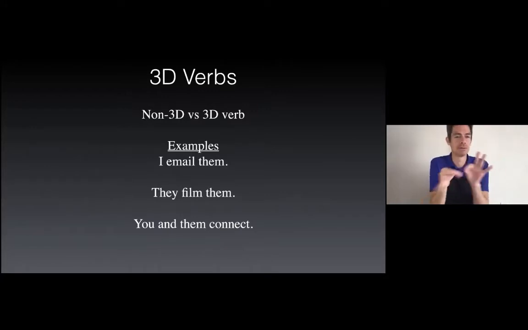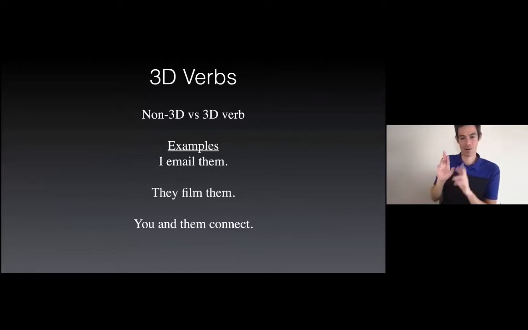Now I will show some examples of sentences comparing those non-3D with those 3D verbs. So this is no 3D: I email them. Now when I incorporate 3D, I email them. Do you see my body shift to the direction of the space where I was emailing?